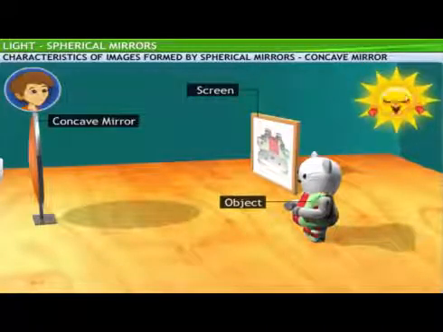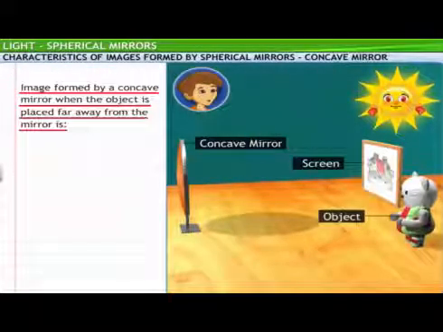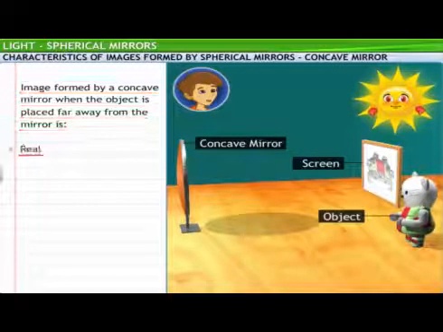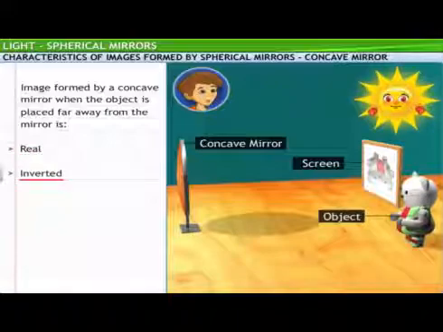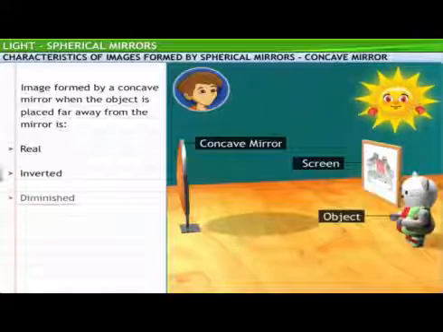So, how did the image change? As I moved the toy further away from the mirror, the image formed continued as a real image and appeared inverted as well. However, instead of being magnified, the projected image appeared smaller than the actual object. You mean it diminished in size? Right. And yes, to obtain the image on screen, I had to move the screen closer to the mirror.